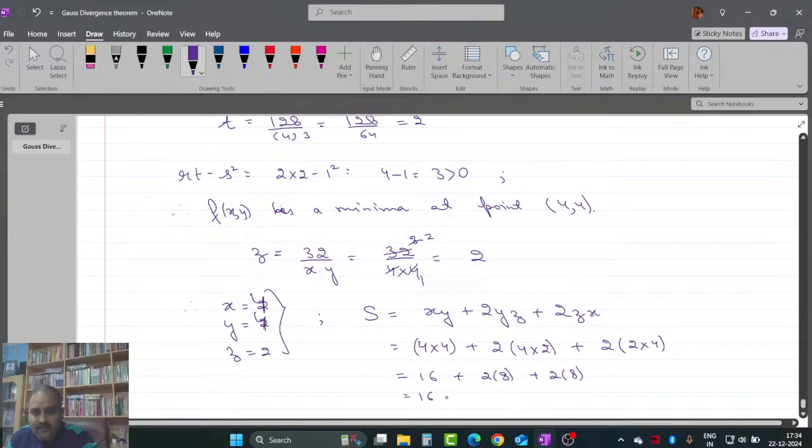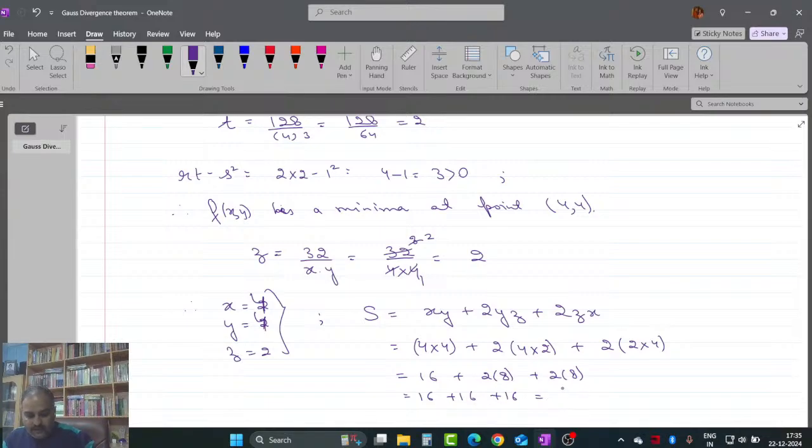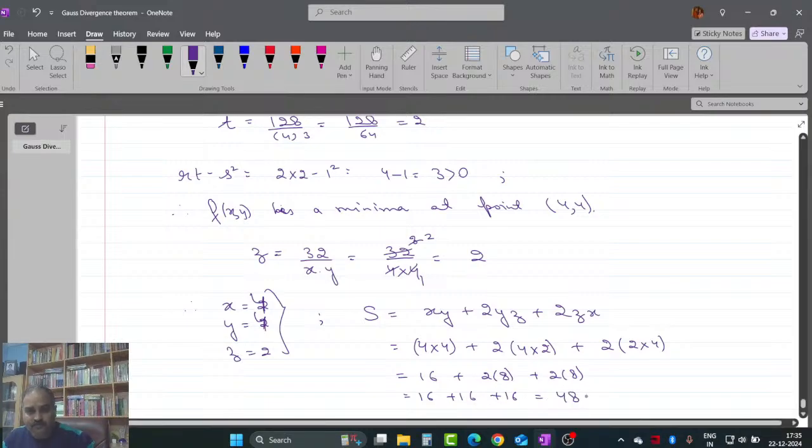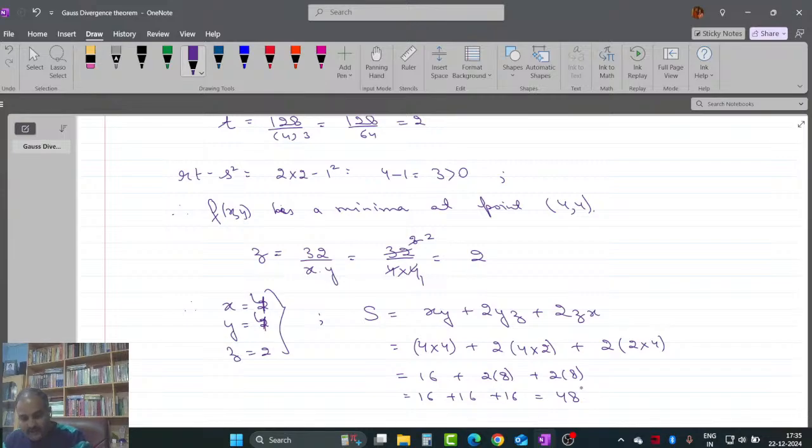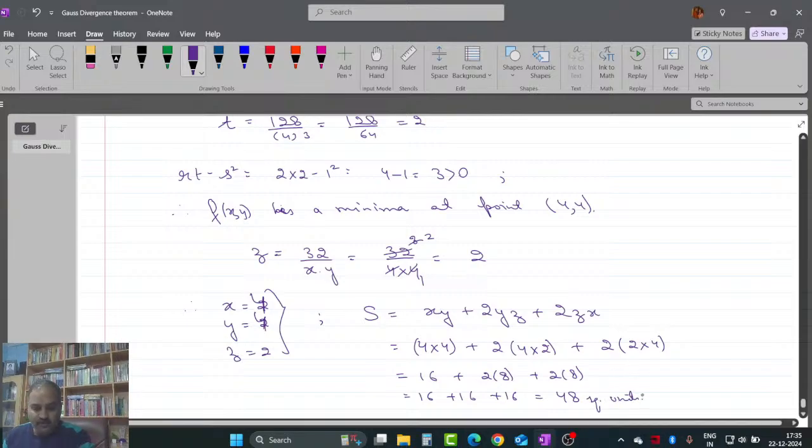So it will be 16 plus 16 plus 16, that will be equal to 48. If you want, you can mention the units, square units.